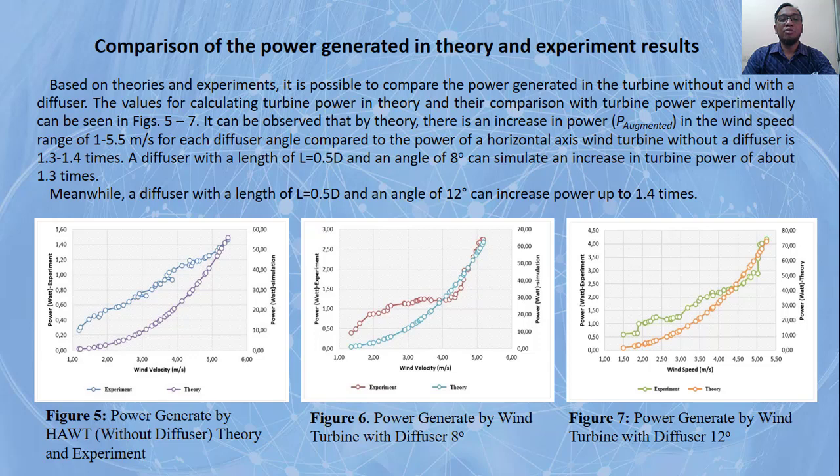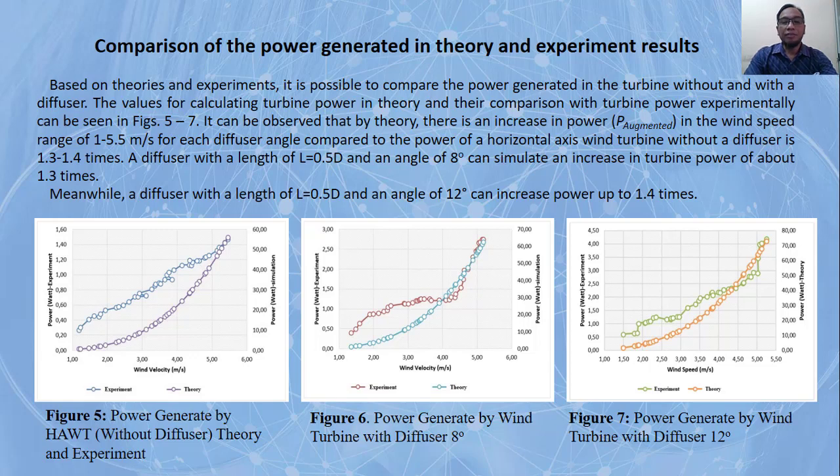Meanwhile, a diffuser with a length of L equal 0.5D and an angle of 12 degrees can increase power up to 1.4 times. And we can see in Figure 5 the power generated by the HAWT without the diffuser, theory and experiment.